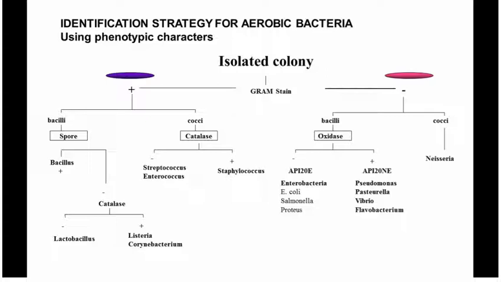And then you have the same kind of thing over here. So if you've got gram-positive cocci, perform a catalase test. Streptococcus and Enterococcus are negative, Staphylococcus are positive. Just a simple test on the colony will give you a good orientation about what the identity of your bacterium might be. Same kind of thing with gram negatives.